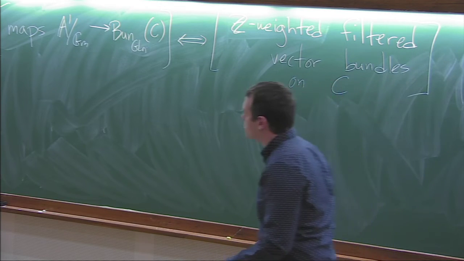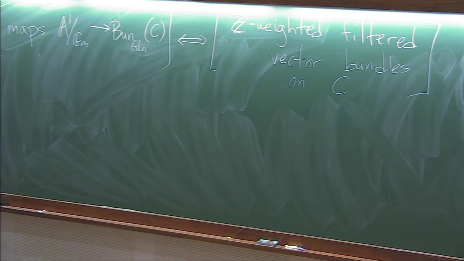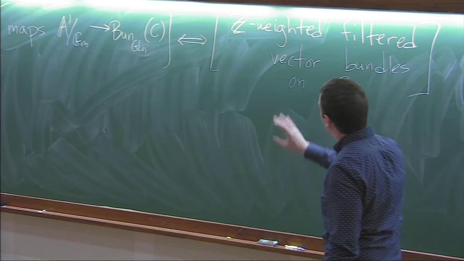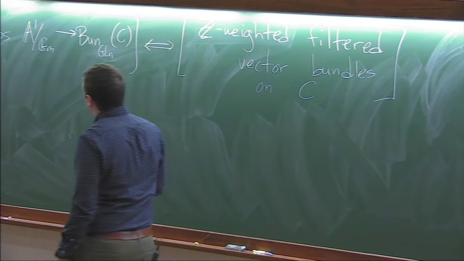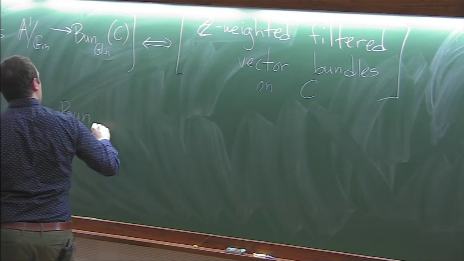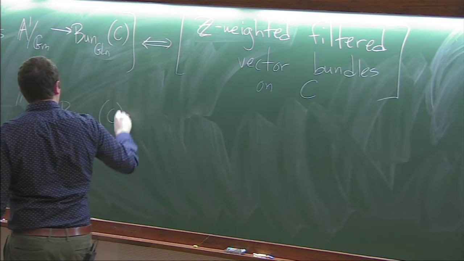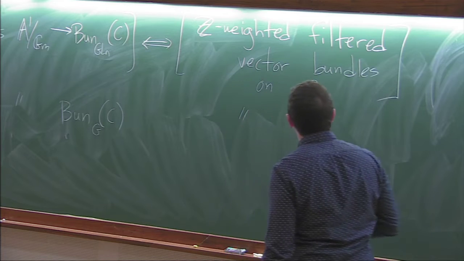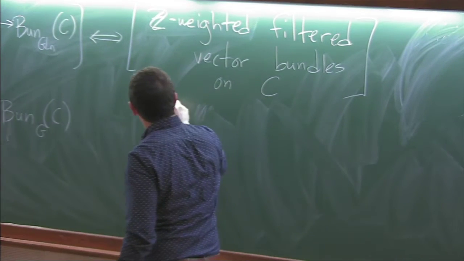I'll use the same notational convention for filtered vector bundles. So you can also do the same Riesz construction. And if you do the same with Bun G, then you basically get G bundles.